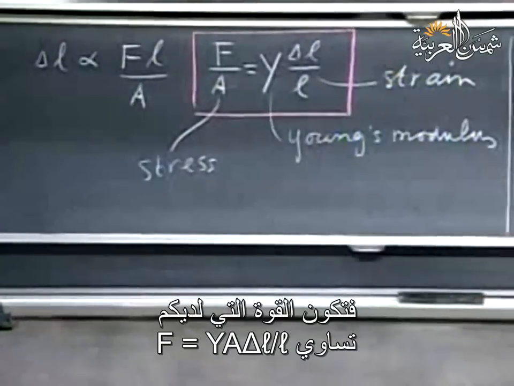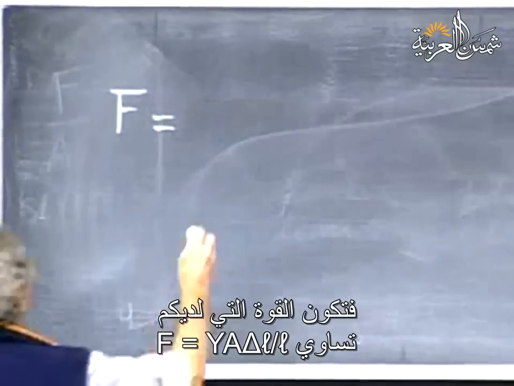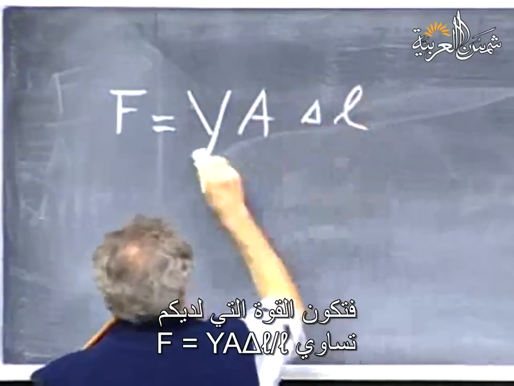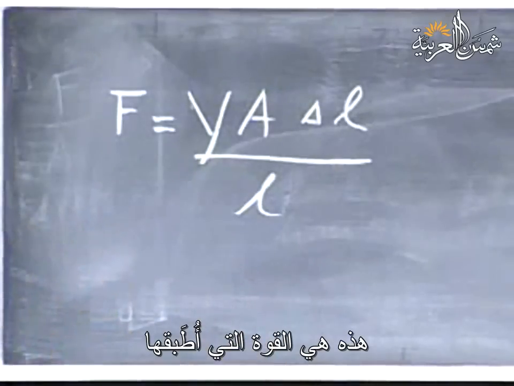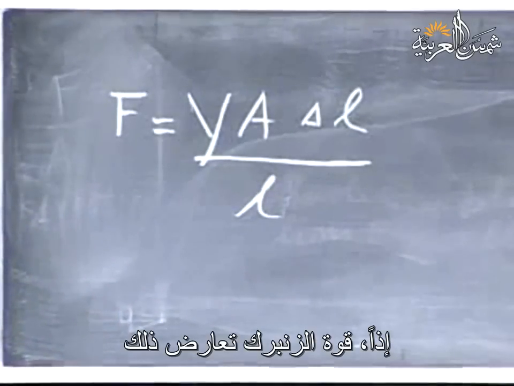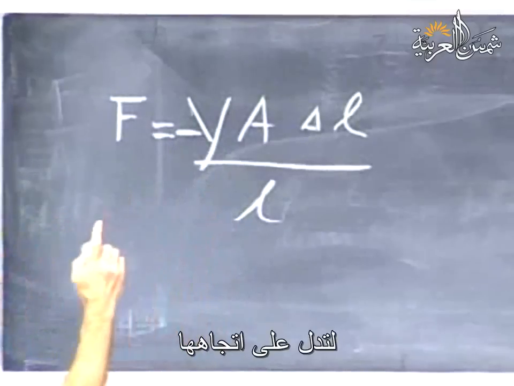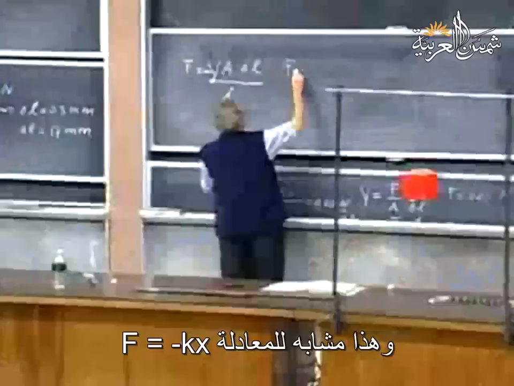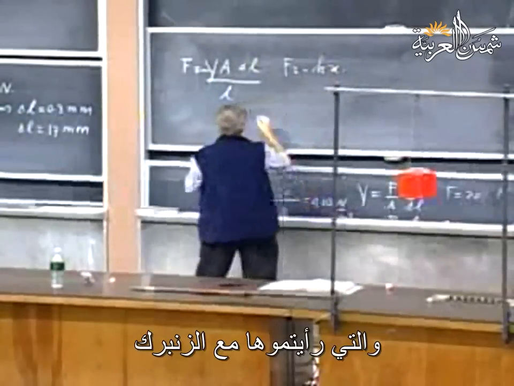So the force that you have equals Y times A times delta L divided by L. That's the force that I apply. So the spring force is opposing that, so the spring force has a minus sign here, if you indicate the direction. And so this is similar to F equals minus Kx that you have seen with this spring.